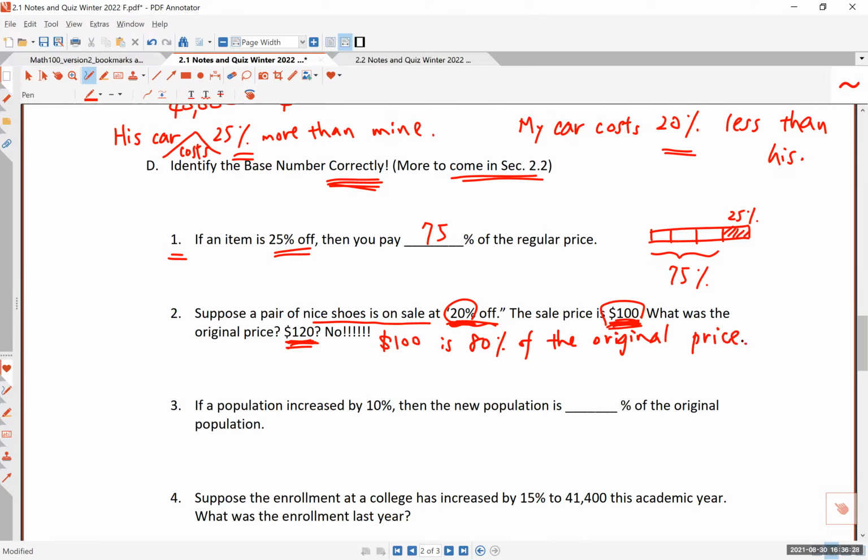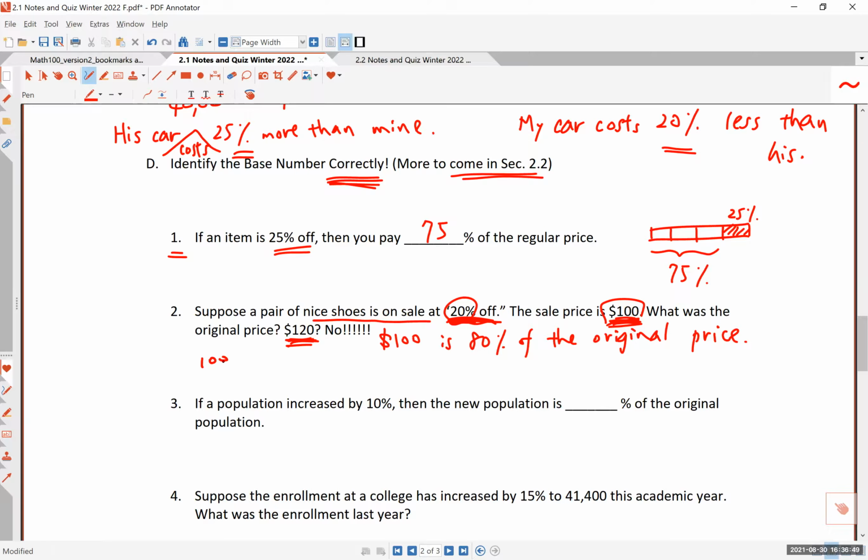The reference number is the original price, which we don't know. What we do know, however, is that $100 is 80%, that's 100 minus 20, 80% of the original price. So the question becomes this: 80% of what number is 100? The reference number is being asked.